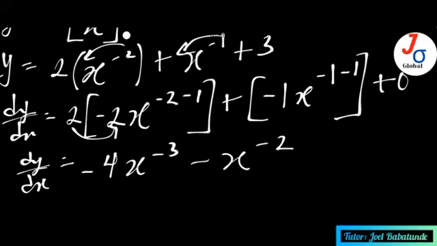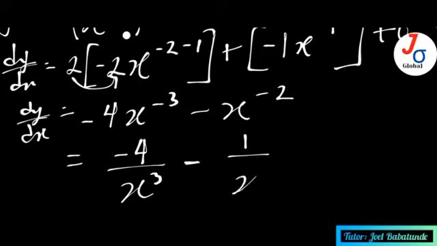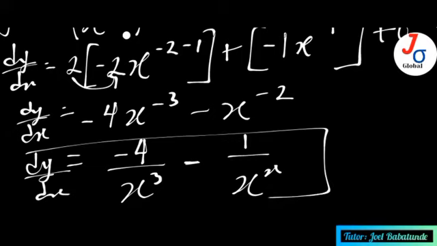And so basically I can rewrite this as minus 4 over x to the power 3, then minus 1 over x squared, and that's the dy/dx. So this is how to solve questions that involve x raised to the power of a negative number, or a number over the variable.